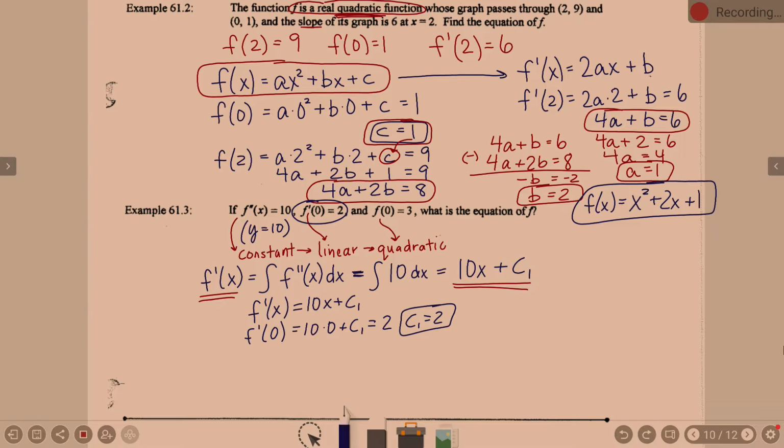Just realize officially we're plugging the values in, so if they don't give you 0, you need to plug that value in. Based on the fact that c1 is 2, what is my equation of the derivative? It was 10x plus c1. It's now 10x plus 2.